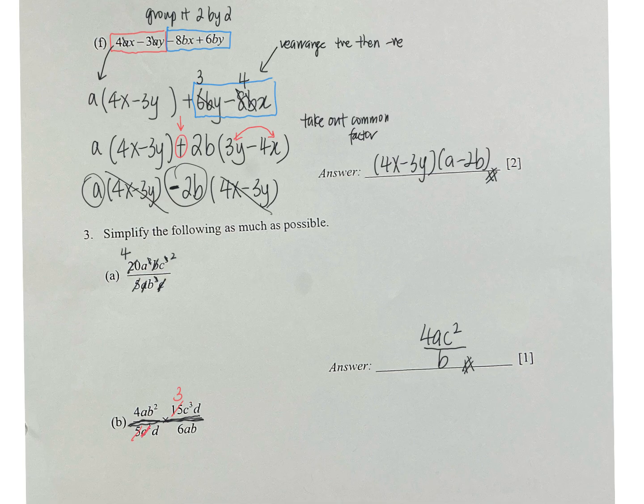C square, left 1 only. Okay, I cross out 1B. I cross out the A's. I'm gonna cancel this, and then this one also cancel out. So final answer, you will be left with 2BC. At the bottom, there's nothing left at the bottom. So actually the answer is just 2BC.